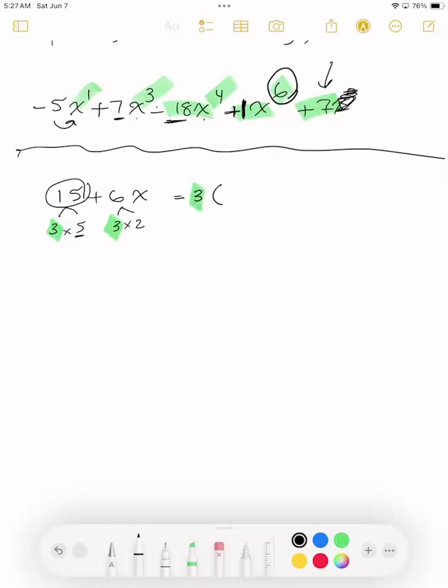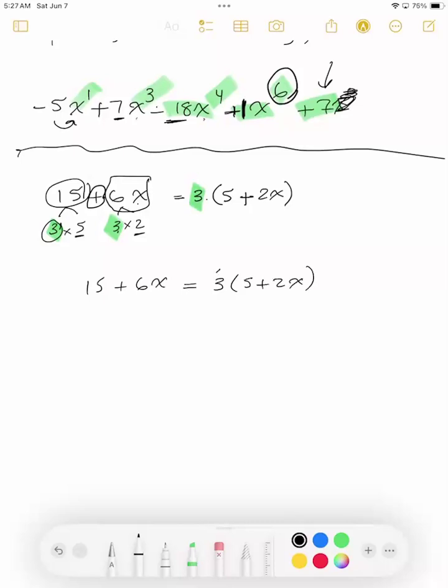That means that 3 is going to get multiplied by everything inside the parentheses. So if you factor out the 3, you're left with a 5. You have a plus sign. If you factor 3 from this term, you're left with a 2 and an x. So 15 plus 6x in the factored form can be written as 3 times 5 plus 2x.